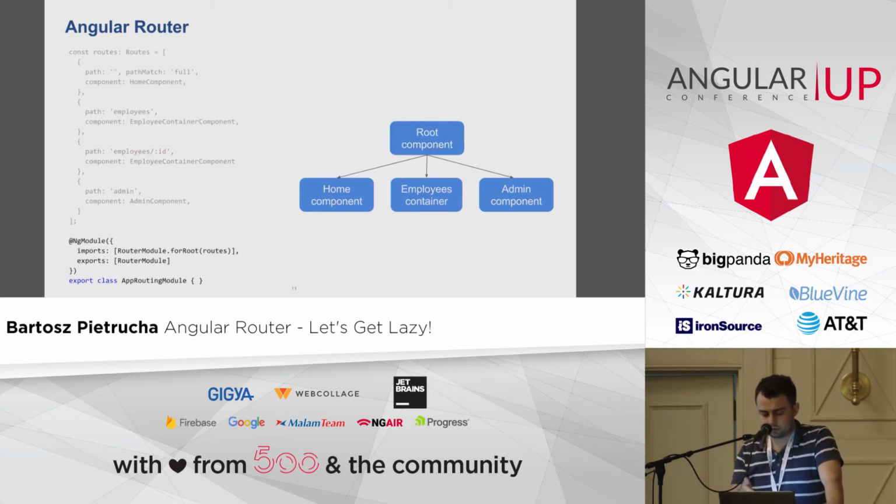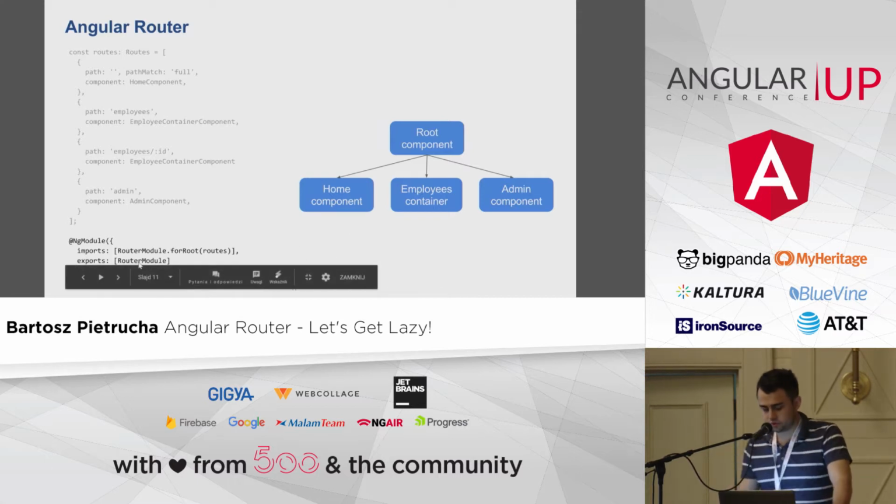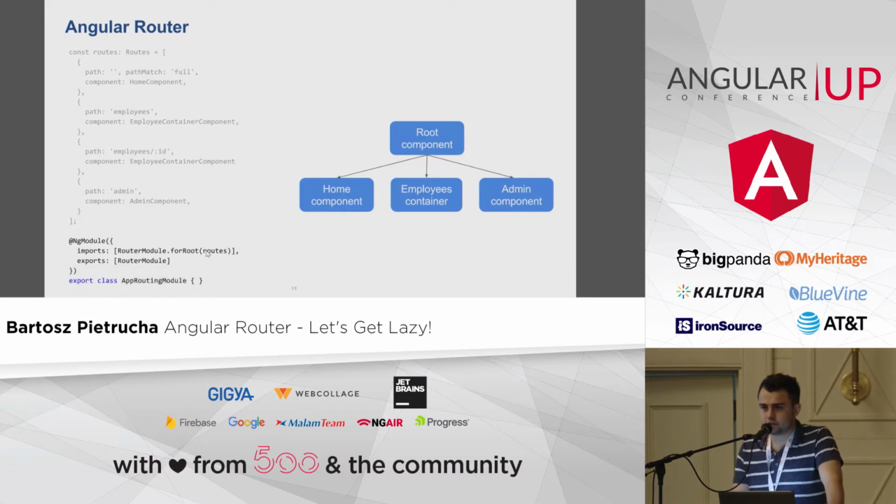Not only is the first part required, but we also need to provide this file to Angular. What we use is RouterModule.forRoot, and we pass this particular object so that Angular parses this configuration and knows how to interpret the URLs.